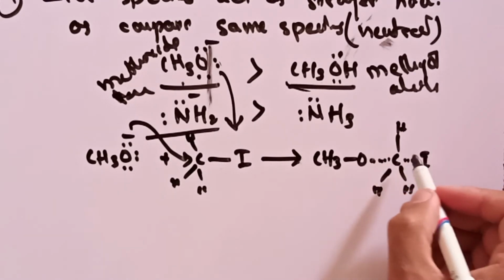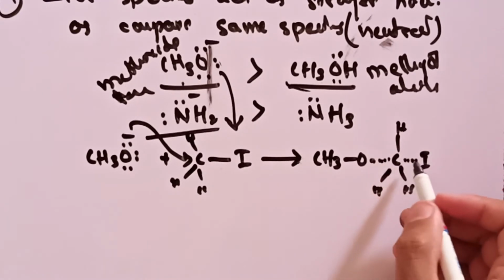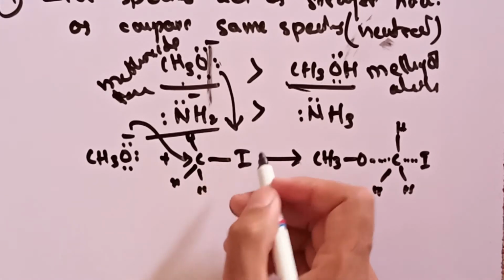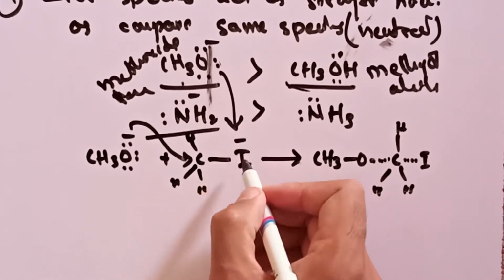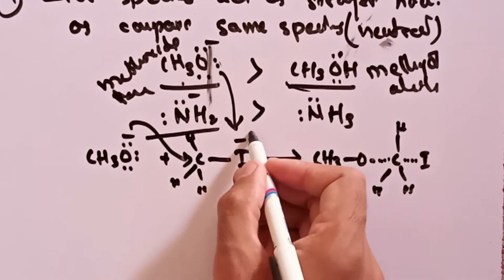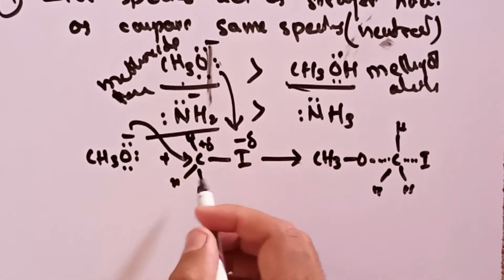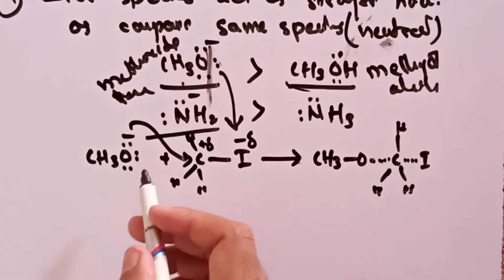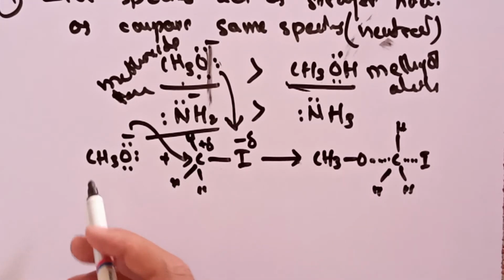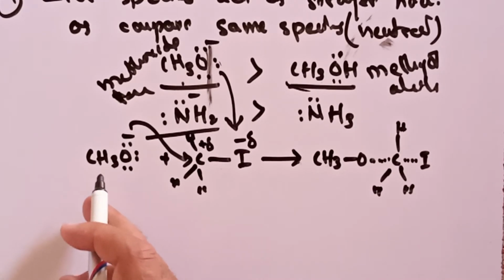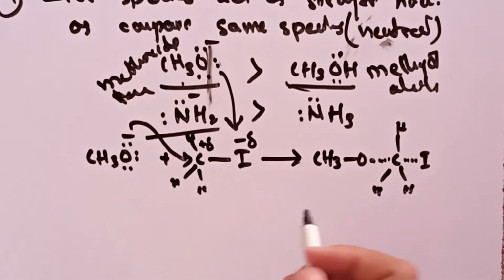Iodine is an electronegative element, with electronegativity greater than carbon, so it has a partial negative charge while the carbon has a partial positive charge. That is why the carbon acts as an electrophile, ready for nucleophilic attack.